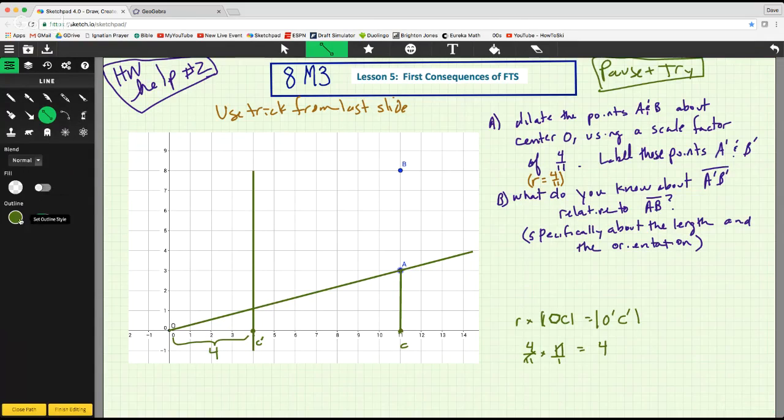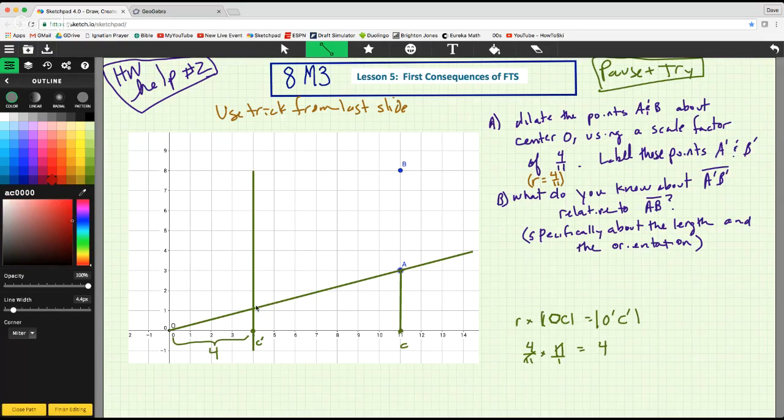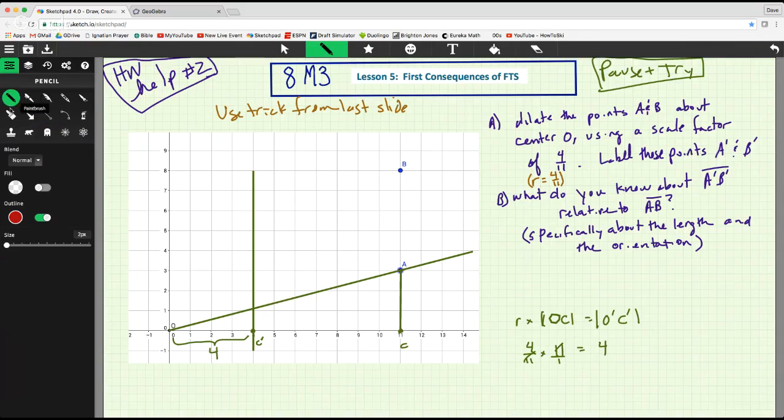We know our A, so we can identify our point A prime. Let's draw it with a dot. And here is our A prime, right there.